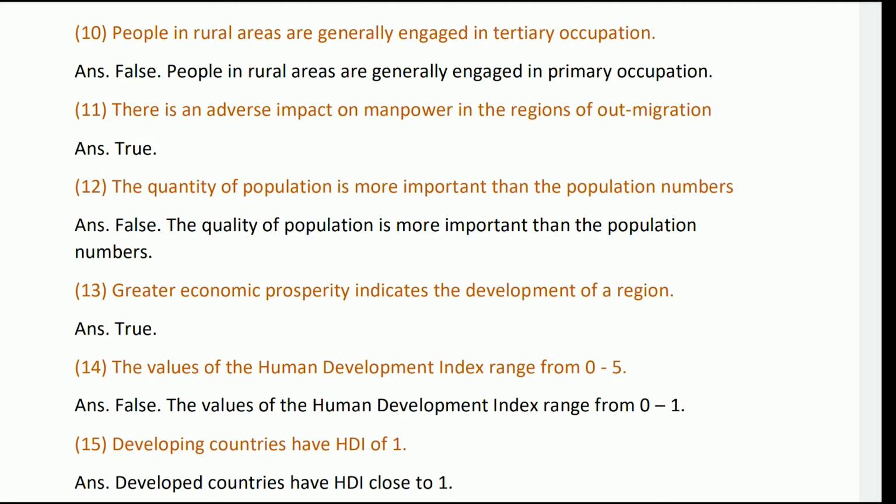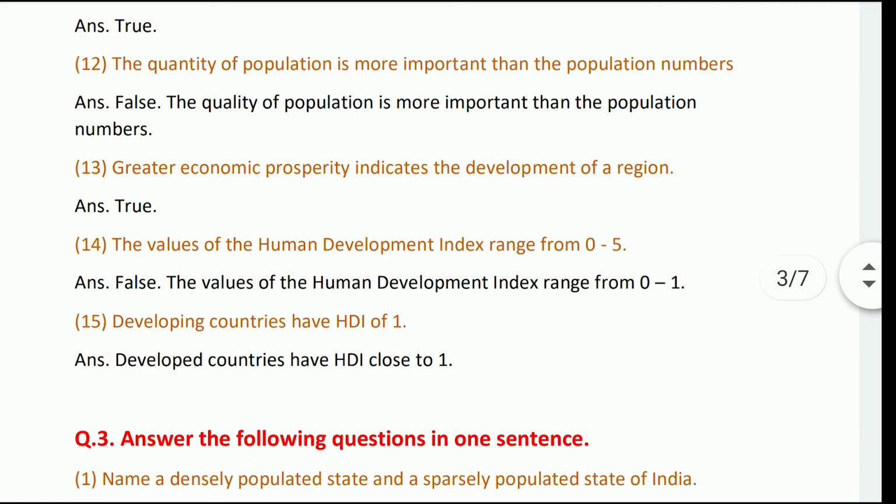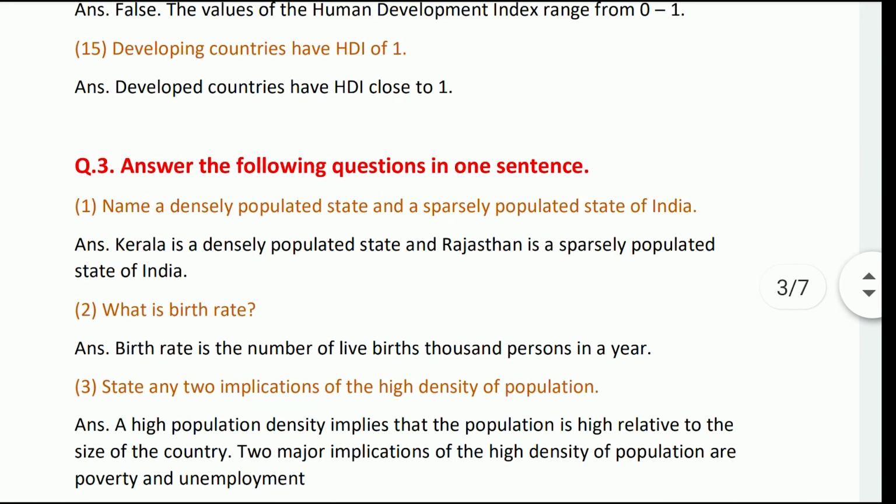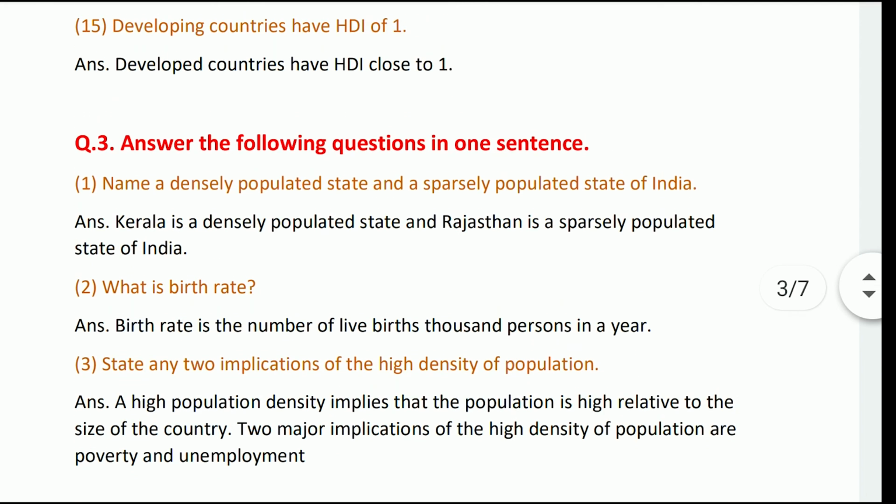Greater economic profit indicates the development of a region. True. The values of Human Development Index range from 0 to 5. False. The value of Human Development Index ranges from 0 to 1. Developed countries have HDI close to 1.